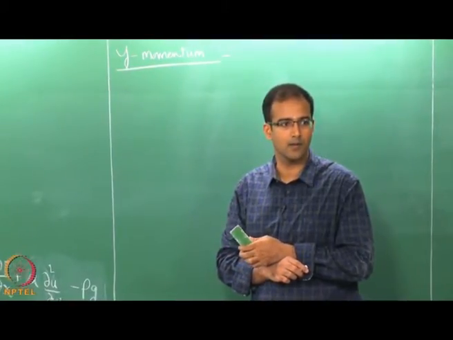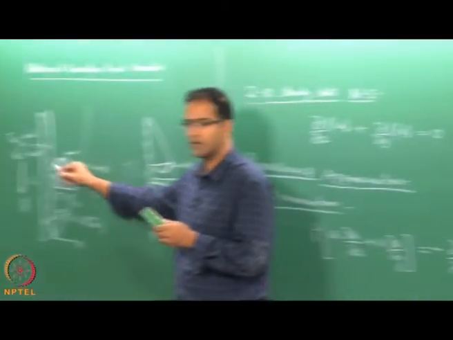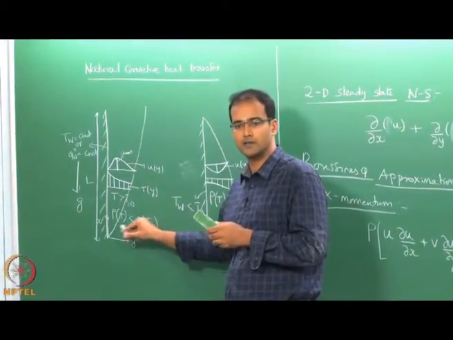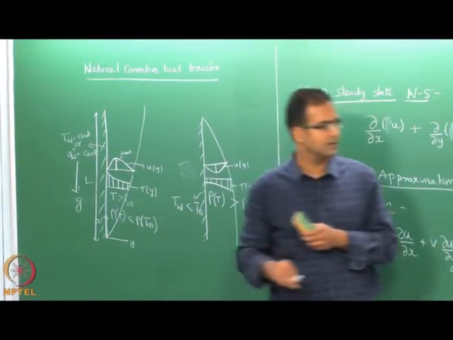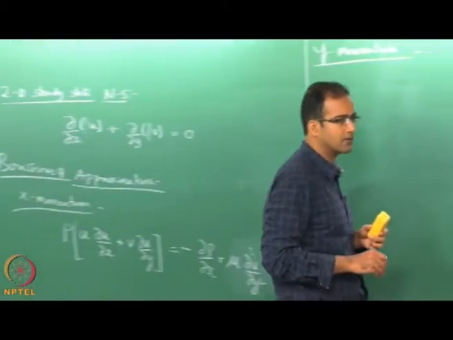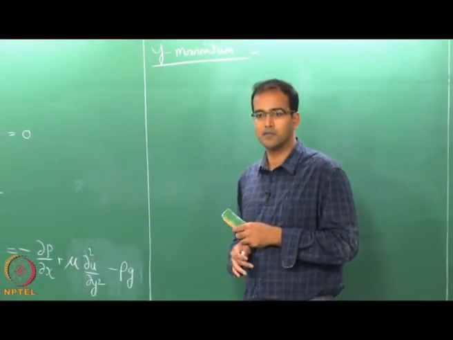In this case, we have only u velocity, which is varying as a function of y. We do not have any v velocity, that is, velocity perpendicular to the plate length. So, therefore, the convective term of the y momentum equation will be 0.